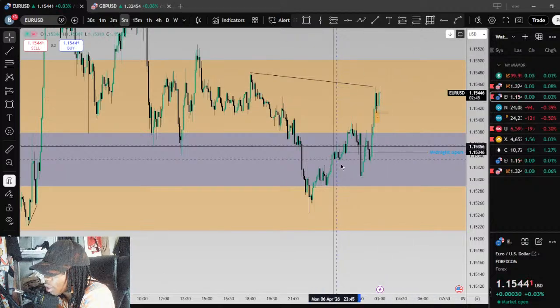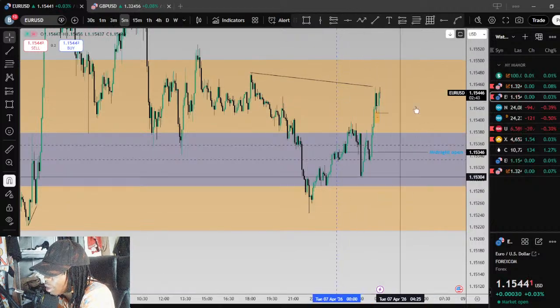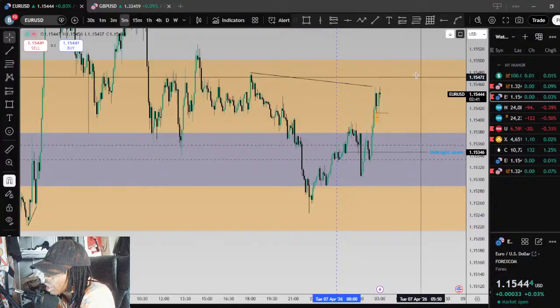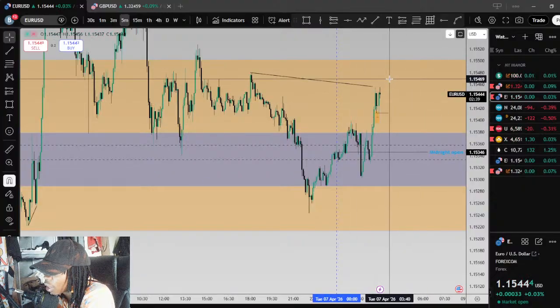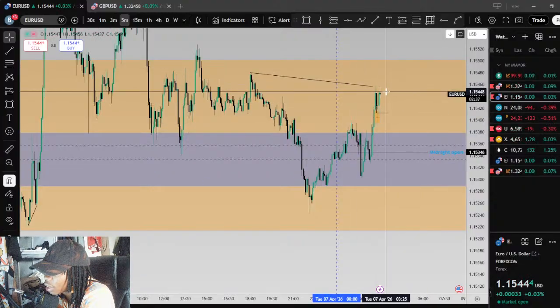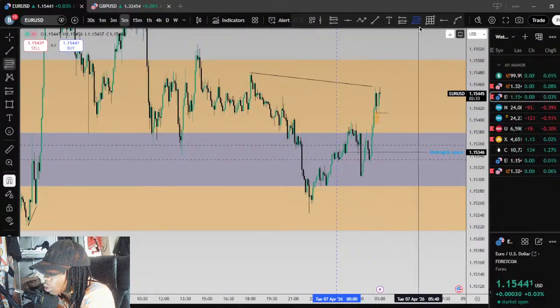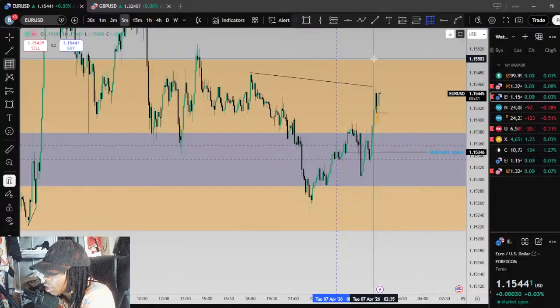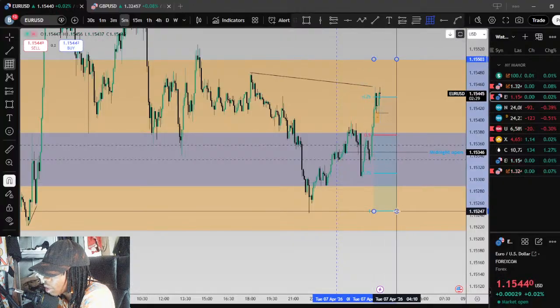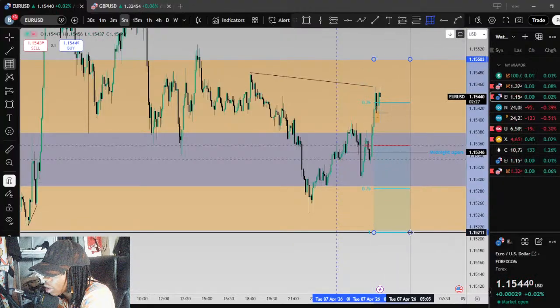Now remember we're on this daily chart, sorry. Remember where we are. We're trading in the upper quadrant. If we were to drop the quadrants here, upper quadrant, lower quadrant, you can see where we're trading.